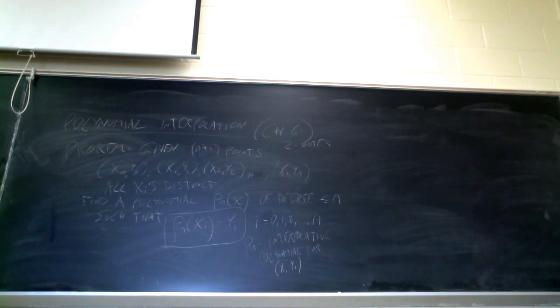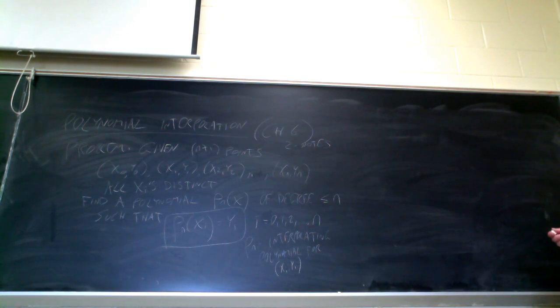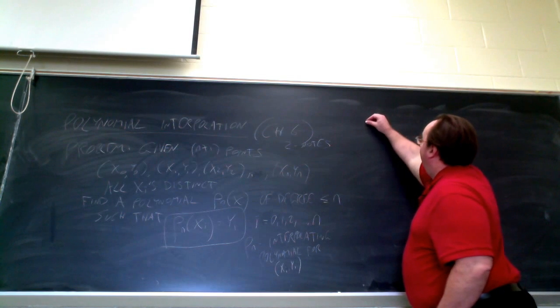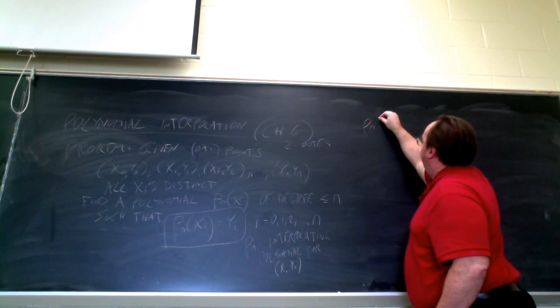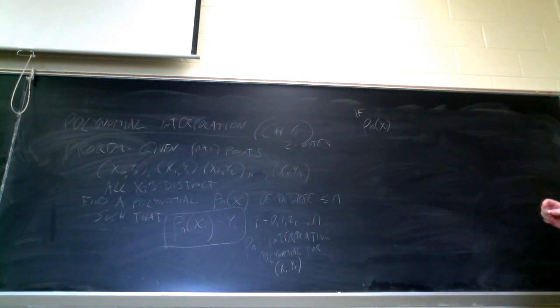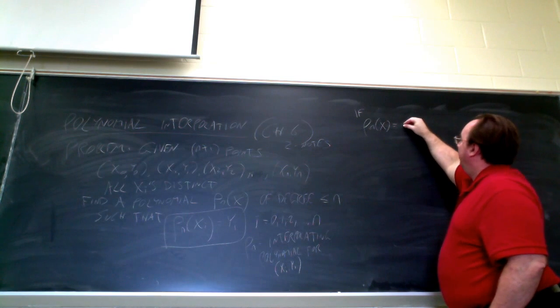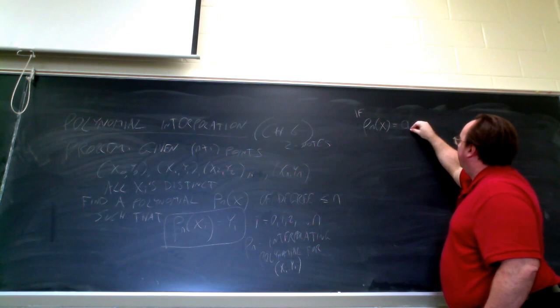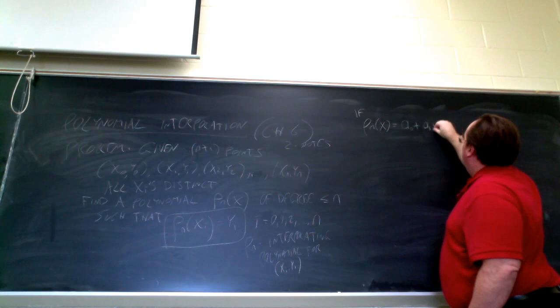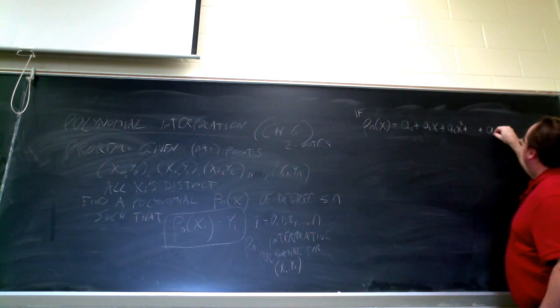Now, what we could do is discuss how you might solve this problem in the most straightforward way possible. And that is, if I were to write this polynomial in its usual form, there are coefficients and powers of x, so like a0, a1x, a2x squared, all the way up to an x to the n.